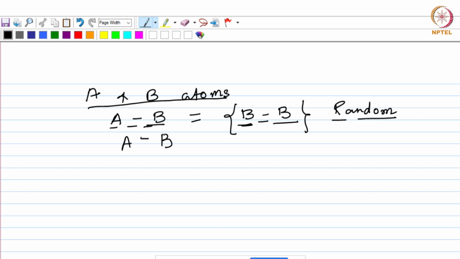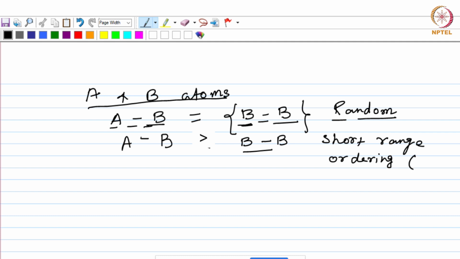That is, A will have B as their neighbors, and if that tendency is greater than the tendency of having similar neighbors, then this will be known as short range ordering, SRO in short.